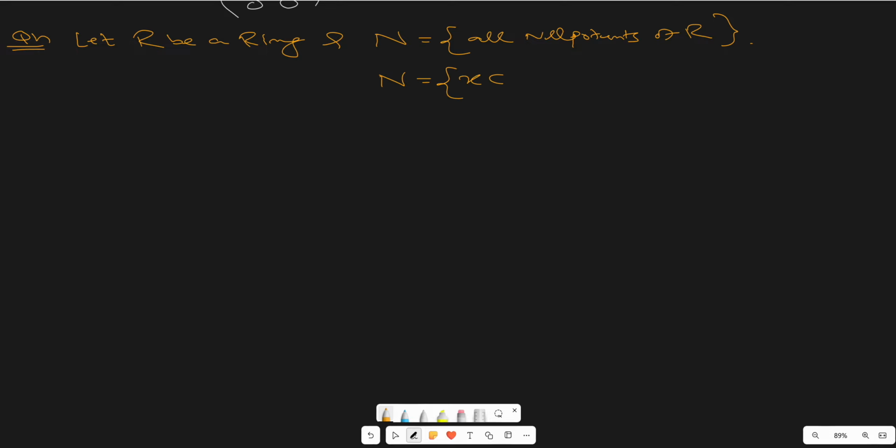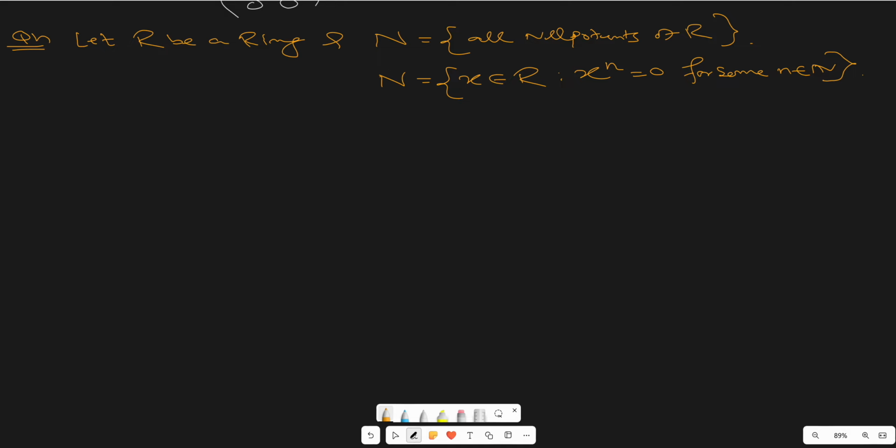Let R be a ring and N be the set of all nilpotents of the ring R. That means N is a set, defined in this way: x all the elements of R such that x to the power n is 0 for some n in the natural numbers, right?